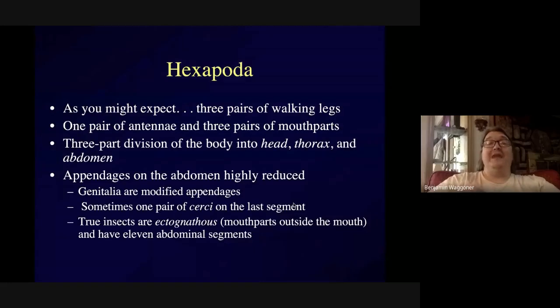Species of insect are often told apart by the shape of the genitalia because insects of different species often cannot physically mate with each other because the male's genitalia does not fit into the female's receptacle. Much like a key might not fit into a particular lock.